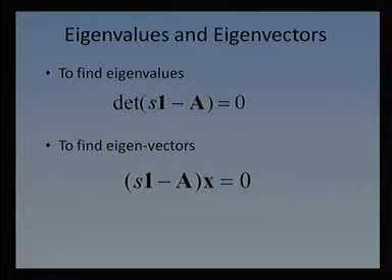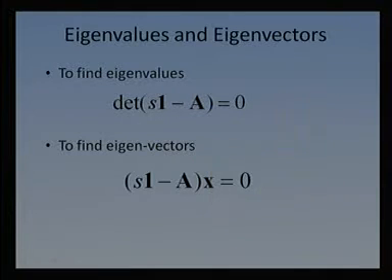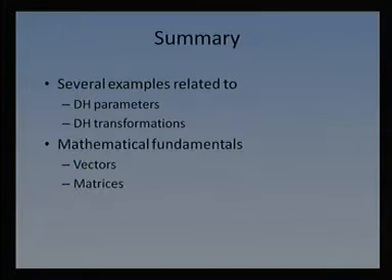Another thing we require in our matrix equations, which are used very frequently in robotics analysis, are the eigenvalues and eigenvectors. The eigenvalue problem is defined as A x equal to S x. Let me write it here for you quickly. A x is equal to S x, and here x is a vector quantity.